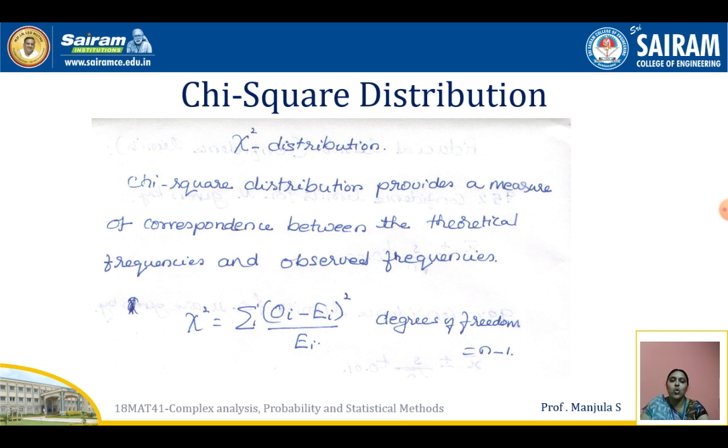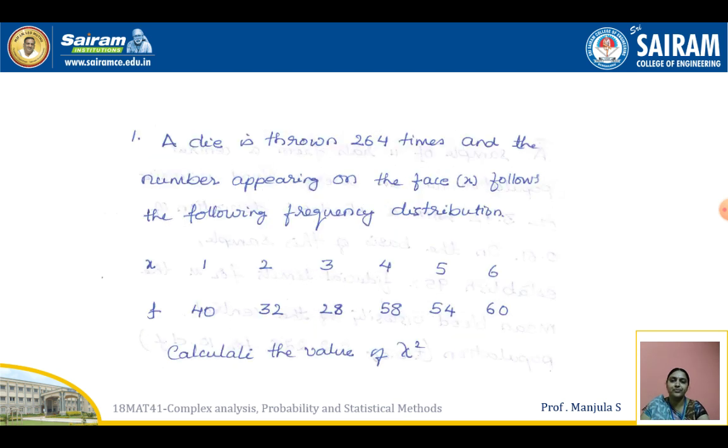Here Oi represents the observed frequency and Ei represents the estimated or theoretical frequency, with degrees of freedom n minus 1. Suppose n number of variables or terms are given, then degrees of freedom will be n minus 1.